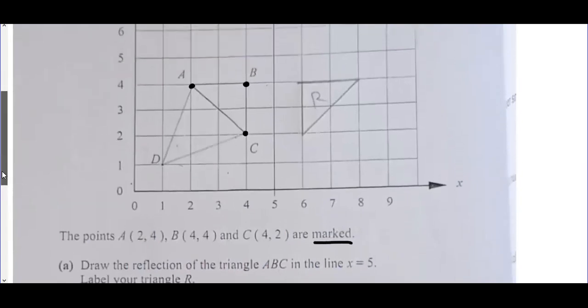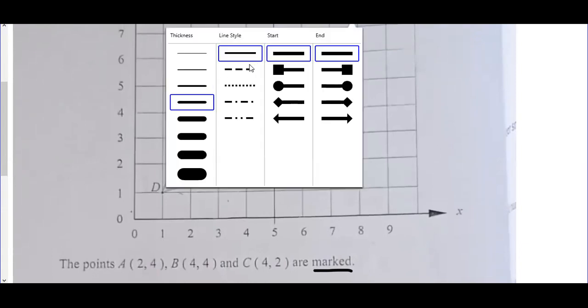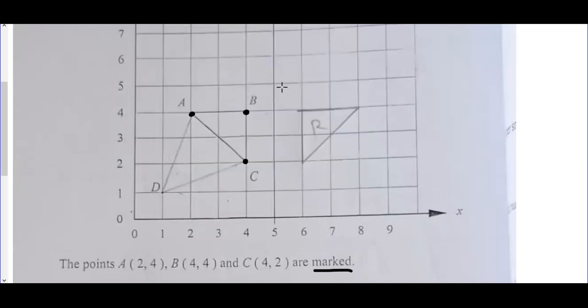Now let me label where x equal to 5 is. I'm going to draw x equal to 5 in dotted lines. So this is x equal to 5, and I'm going to label it x equals 5.